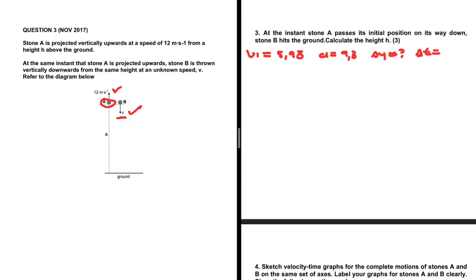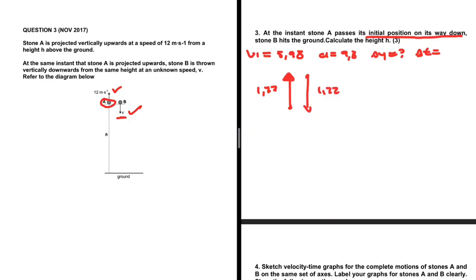Let's take a look at the question again. At the instant stone A passes its initial position on its way down, stone B hits the ground. Calculate the height h. We've talked about this previously, right? If it takes 1.22 seconds to go from the initial position to the maximum height, it will take 1.22 seconds to go from the maximum position to the initial height once more.